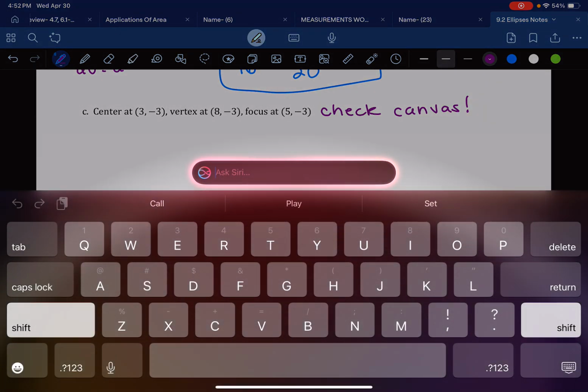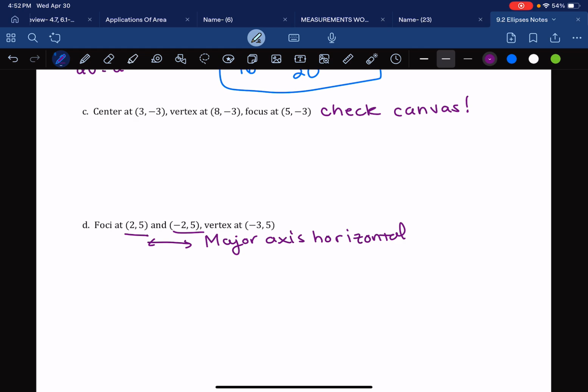So that means that our center point is at 0, 5. And then remember that means that C is equal to 2 because I'm going to the left and right.